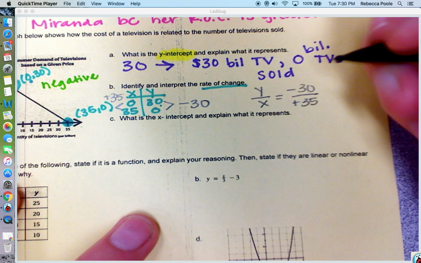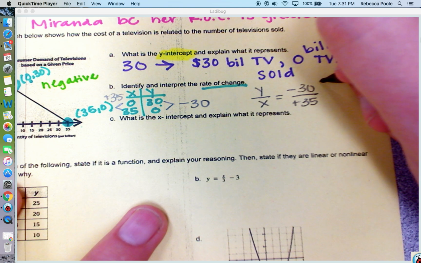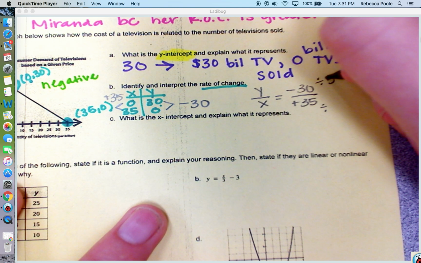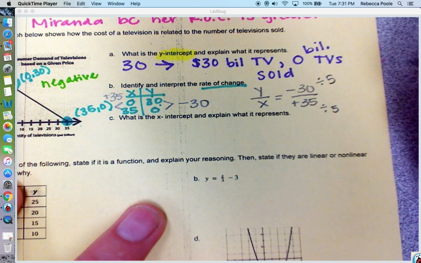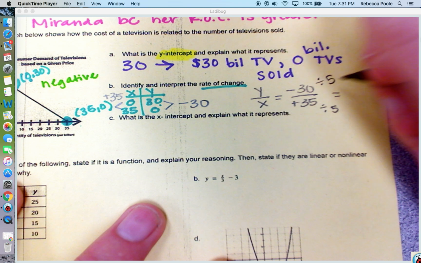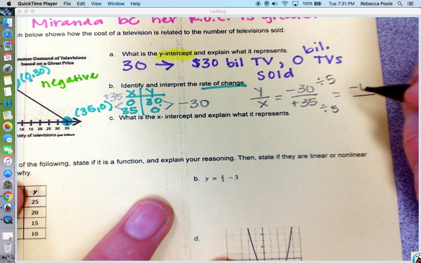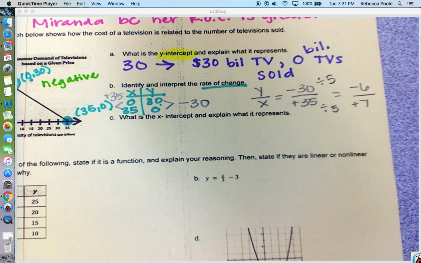That's a fraction, and we can't do 30 divided by 35, but we should be able to reduce it. So I know the biggest number that goes into both of these is going to be 5, right? Doesn't 5 go into 30 and 35? So if you do negative 30 divided by 5, you get negative 6. And if you do 35 divided by 5, you get positive 7.